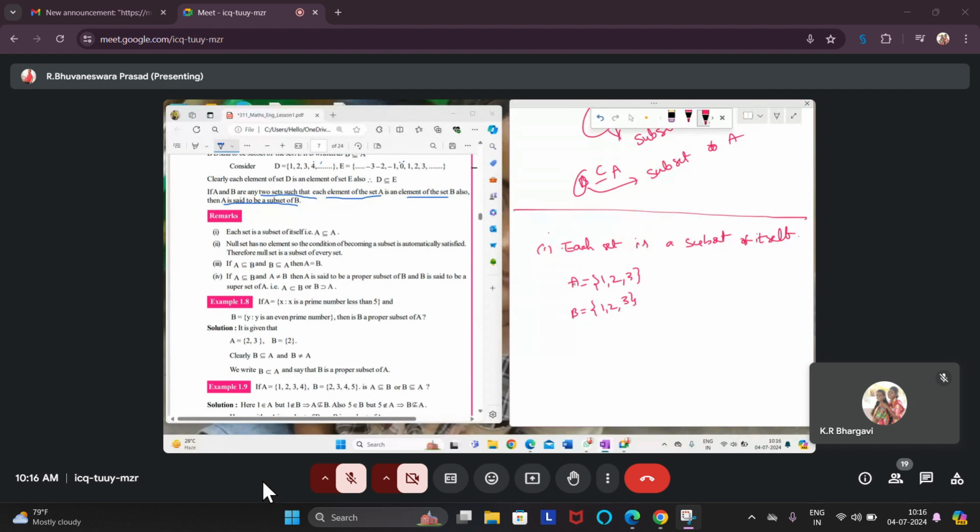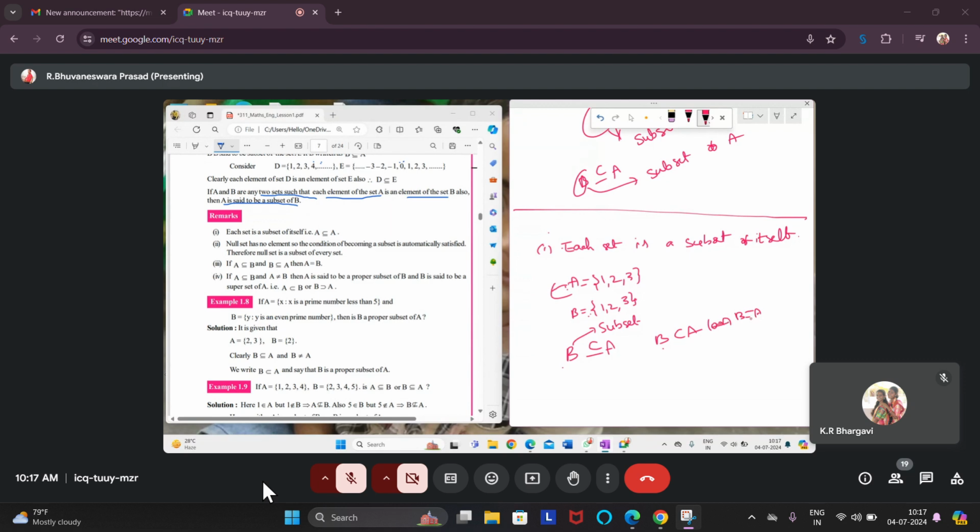So see, if every set A is a subset of B, or B is a subset or equals to A, B is a subset, Nana. The set itself is also the main set, right? Now actually B is a subset of A or B equals A, both I am using as two conditions.